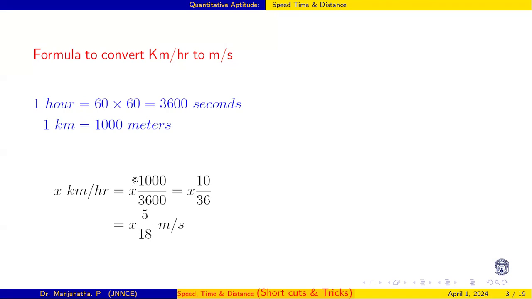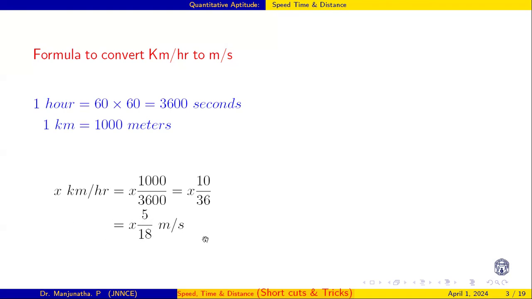To convert that into meter per second, multiply kilometer by 1000 and convert hour to seconds, that is 3600. When the two zeros cancel out, we get 10 by 36. With one more simplification, 2 fives are 10, 2 eighteens are 36. That means whatever the speed is in kilometers per hour, we can simply convert it into meters per second by multiplying with the factor 5 by 18. We have to remember this.